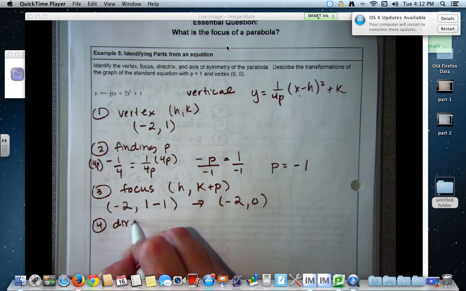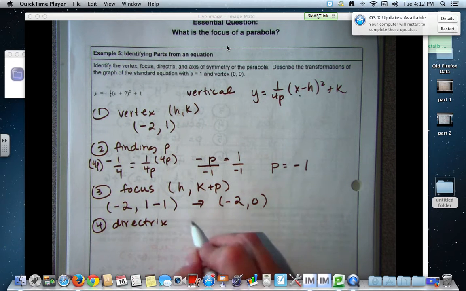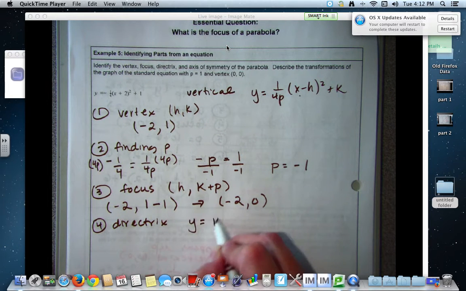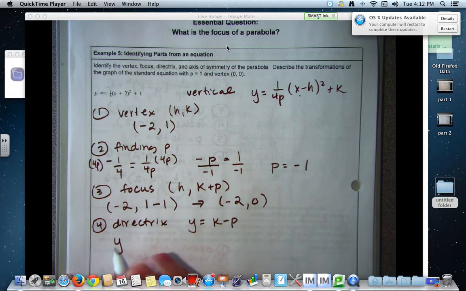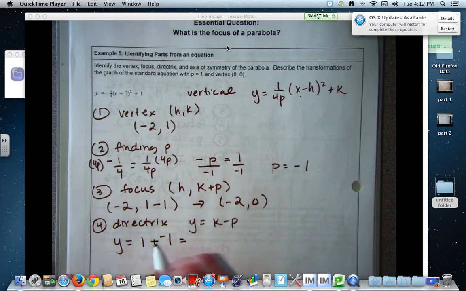Directrix can be found using y equals k minus p. So y equals, our k value is 1 minus our p, which was -1. These become positive, so it equals 2.